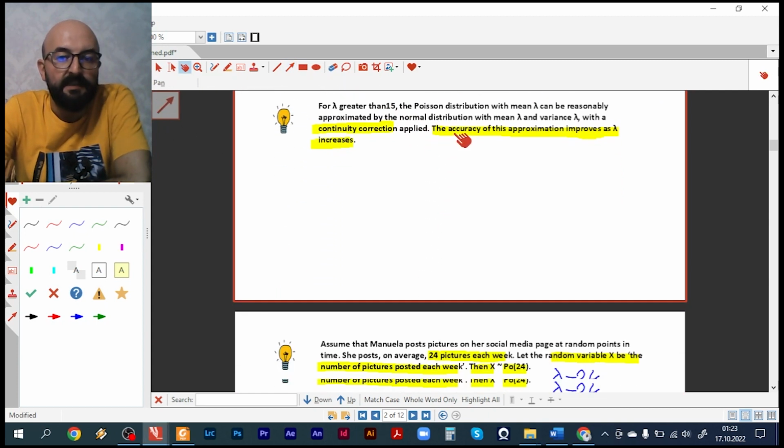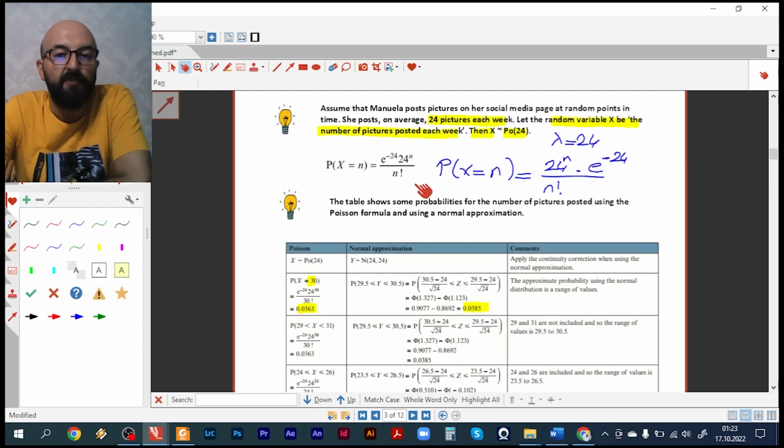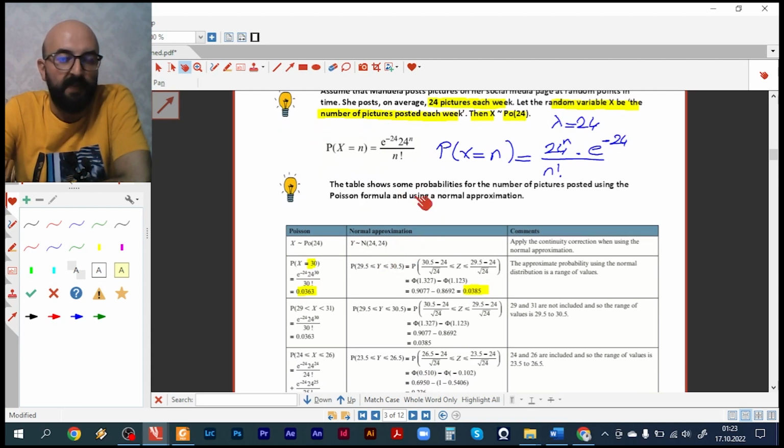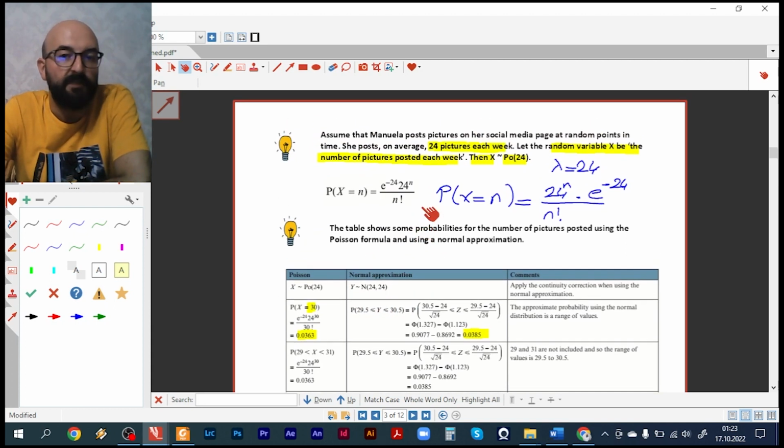And please remember that we have an example. This example is about Manuela, who posts pictures on her social media page at random points in time, and she posts on average 24 pictures each week. On average 24 pictures each week means lambda equals 24.